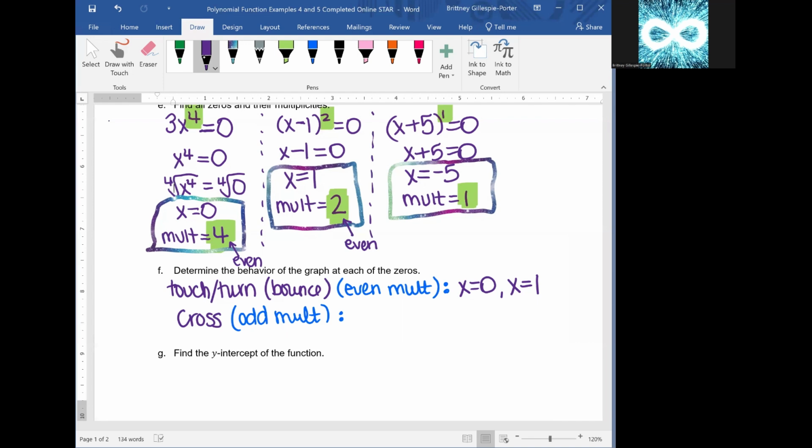Even though 1 is not even, its multiplicity is, and that's what matters. But again, I didn't write down 2, I wrote down my x value. And for the last one, x equal to negative 5, it has multiplicity of 1, which is odd, which means that our graph crosses at x equal to negative 5.